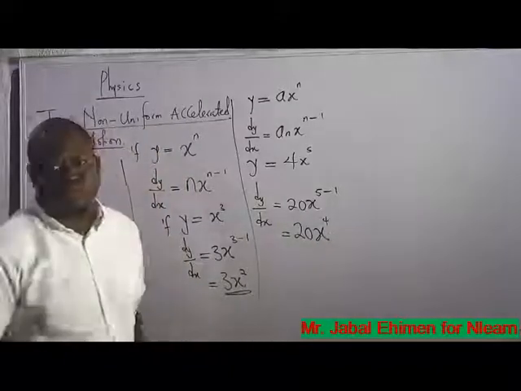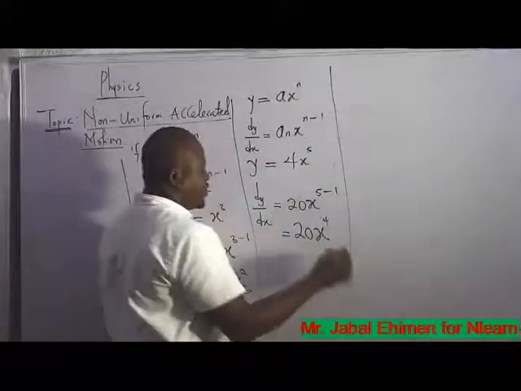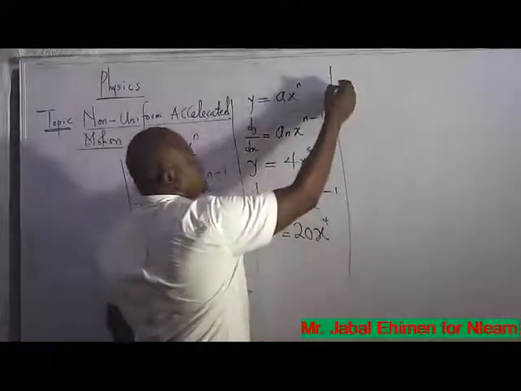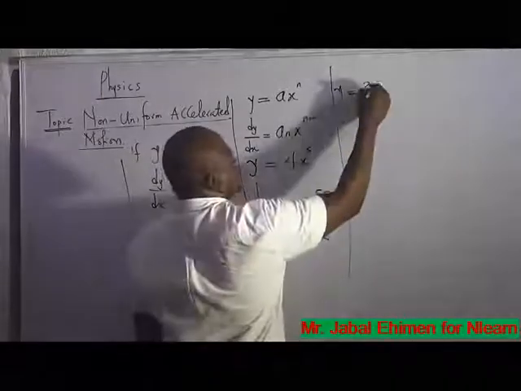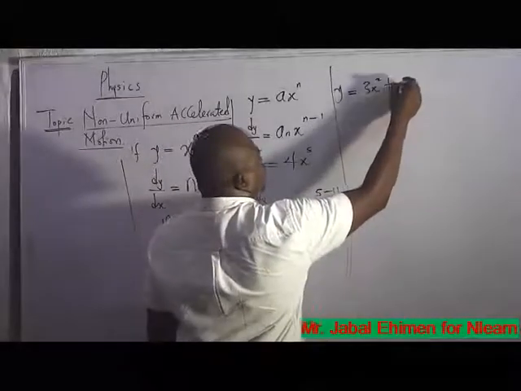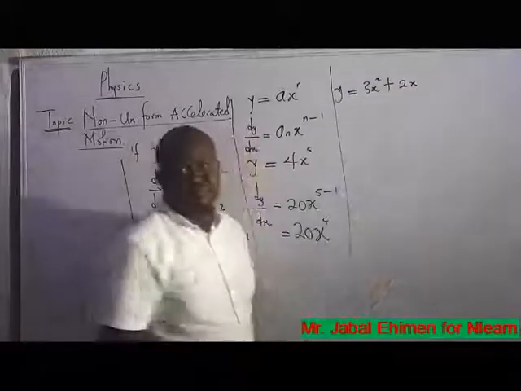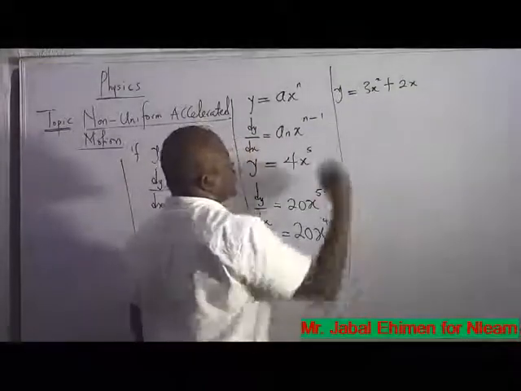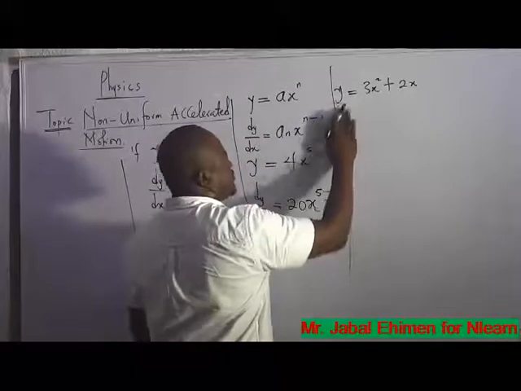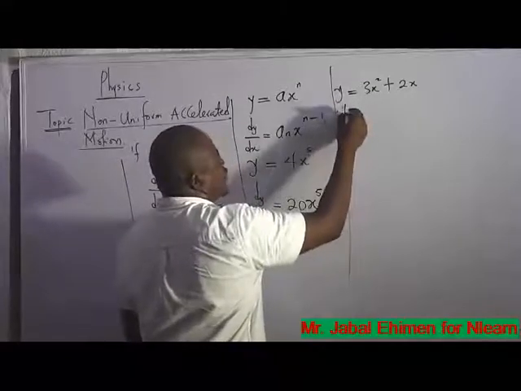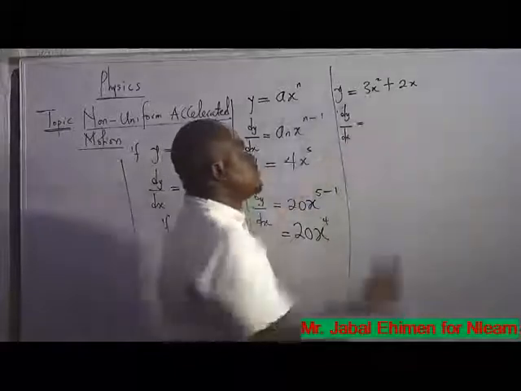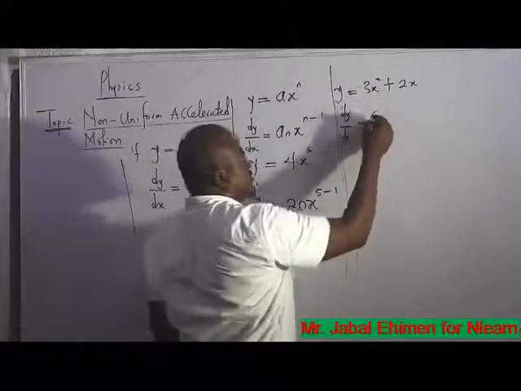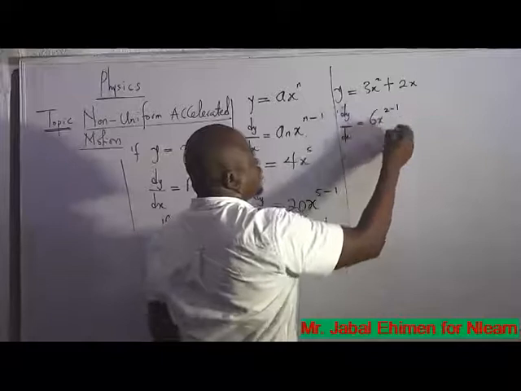Let's try two more. Good. y is equal to 3x squared plus 2x. Let's see. So dy over dx will be, let's start with this, 3 times 2, that will be 6, x to the 2 minus 1.